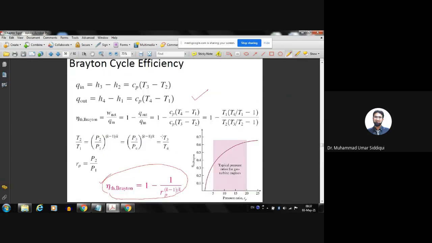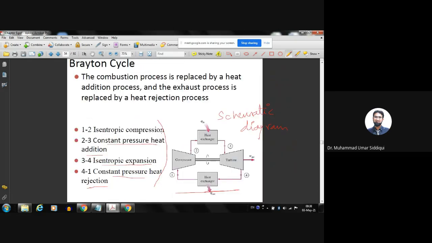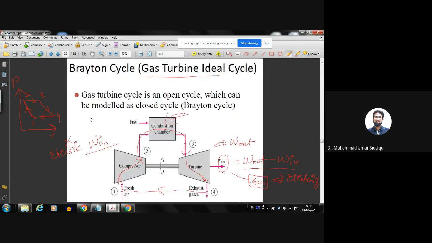Now, for the Brayton cycle, we realize that we can increase the efficiency of the cycle by increasing the temperature in the combustion. This is our combustion chamber, and we are doing combustion here. The more combustion we do, T3 is going to rise, and automatically the efficiency of the Brayton cycle is going to rise.